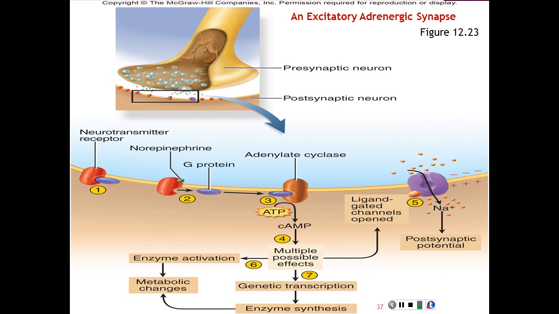Now, cyclic AMP can induce several alternative effects inside of the cell. One effect is to produce an internal chemical that binds to a ligand-regulated ion gate from inside the membrane, opening the gate. Another is to activate pre-existing cytoplasmic enzymes that affect metabolism.